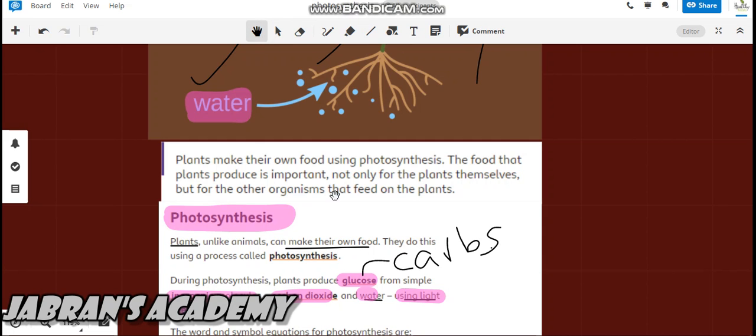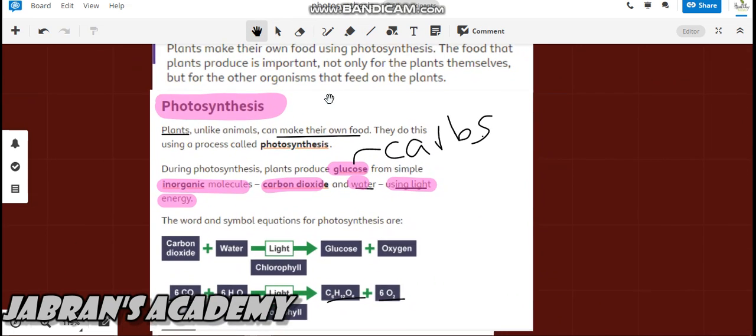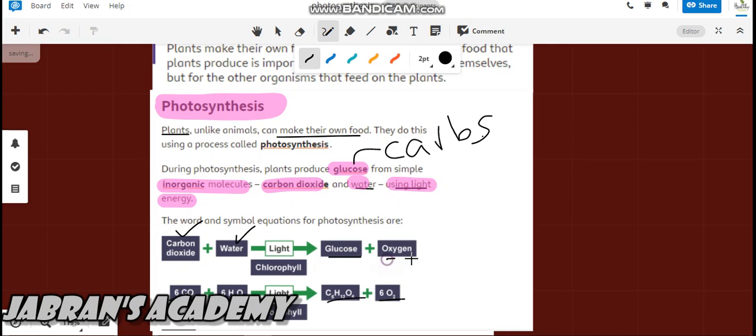Now we'll go for further details. There is an important equation for photosynthesis for all grades. This equation helps in any process of photosynthesis, in any year, in any class. It tells us that carbon dioxide reacts with water in the presence of sunlight, producing glucose and oxygen.